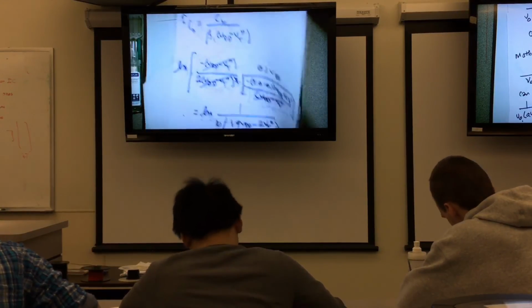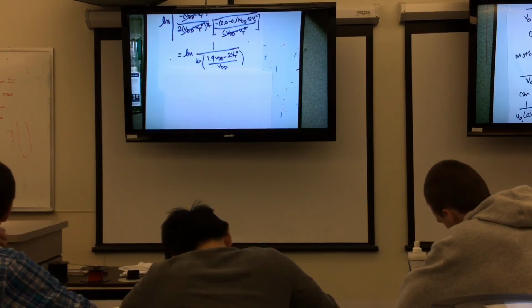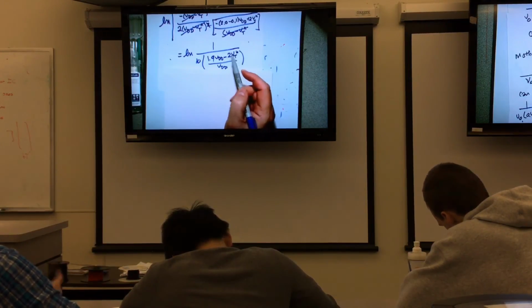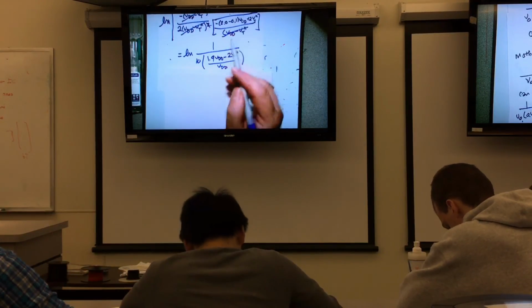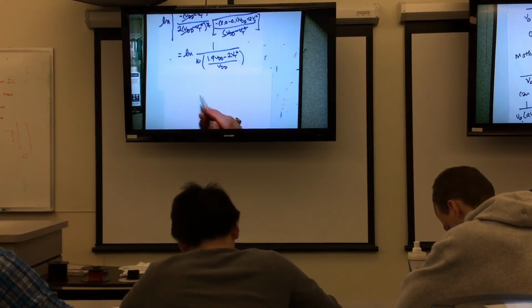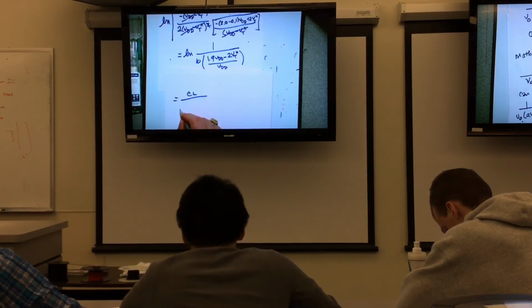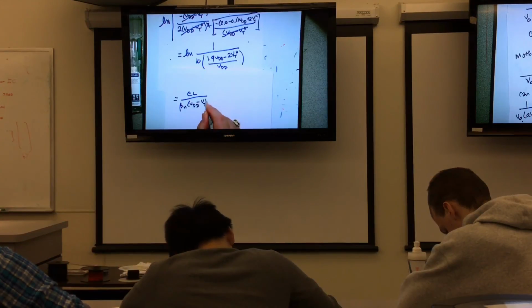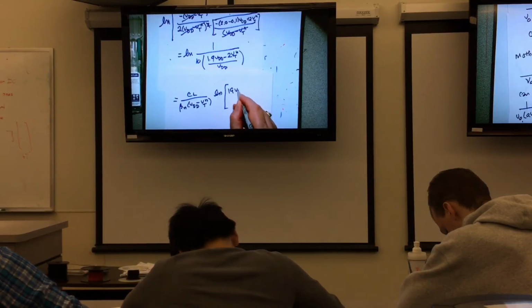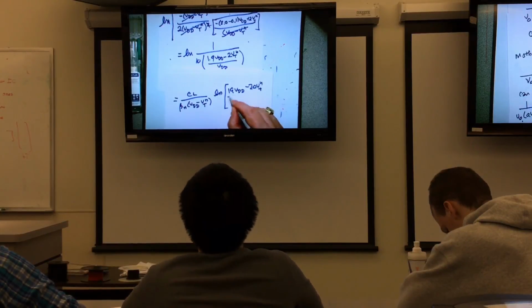Which then becomes, after further simplification, multiplying through by the 10, which is basically this 10th thing that was up here, becomes equal to C sub L divided by beta N times VDD minus V threshold N. That's a natural log of 19 VDD minus 20 threshold of the N device divided by VDD.